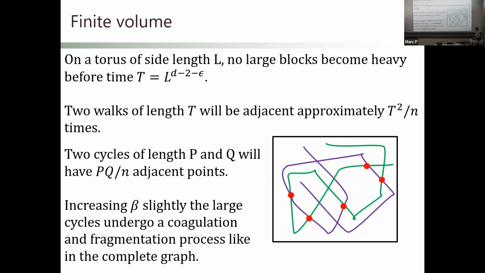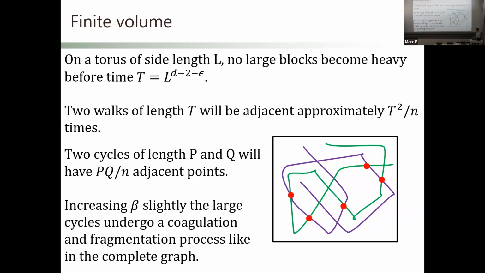And what's the chance of it merging two cycles together? It's the number of points on which those cycles are adjacent to each other. And we've just understood how many there are, and it's proportional to the product of their lengths. So again, you get a multiplicative coalescence and fragmentation process. So this is the same as the one Schramm studied in the setting of the complete graph.